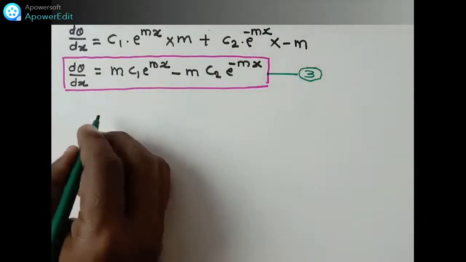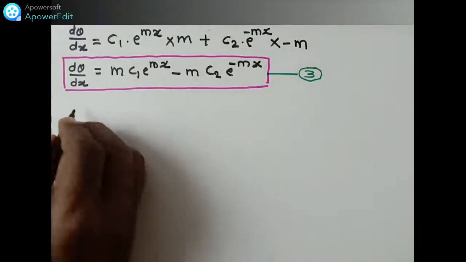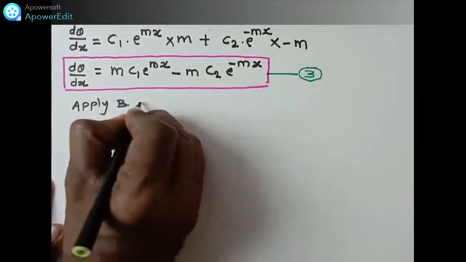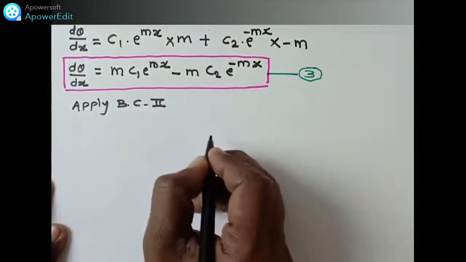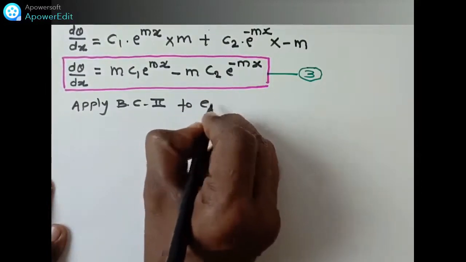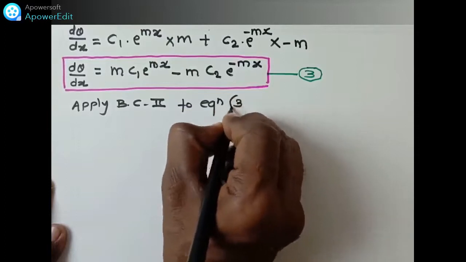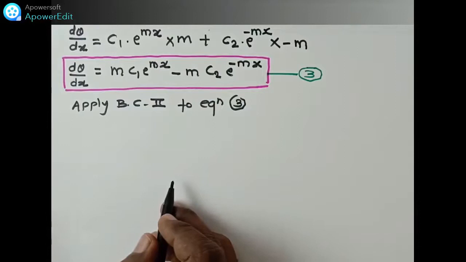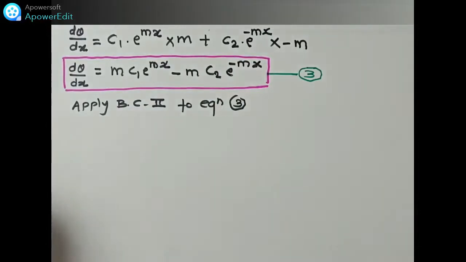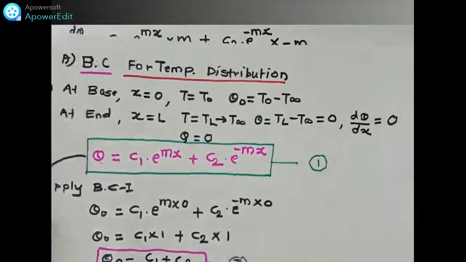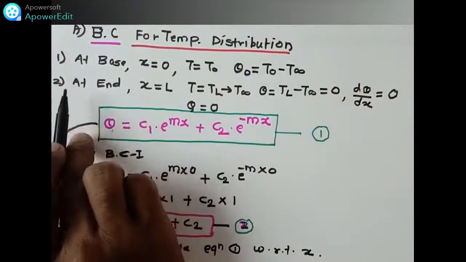Now applying boundary condition 2 to equation 3. So boundary condition 2 is what? You can see here, this is the second boundary condition.